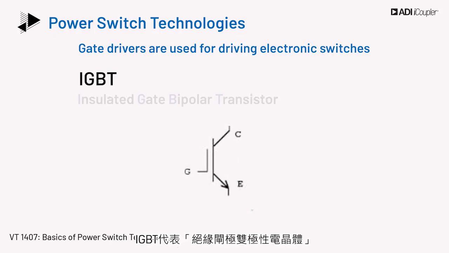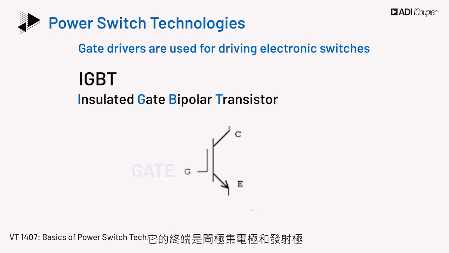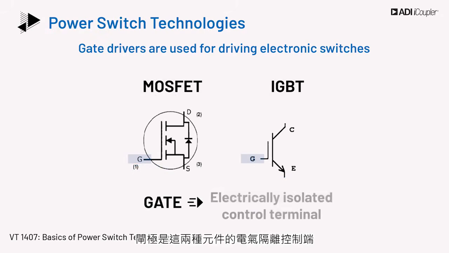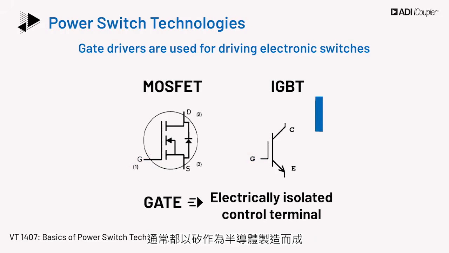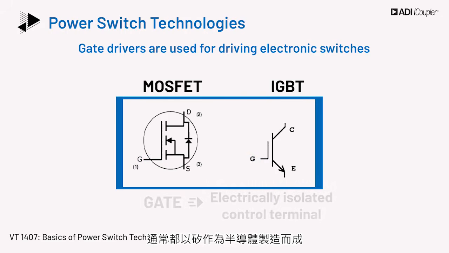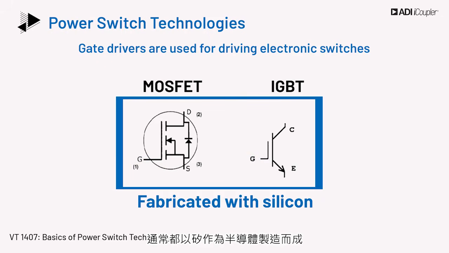IGBT stands for insulated gate bipolar transistor. Its terminals are the gate and emitter. Gate is the electrically isolated control terminal for either device. Both these devices are conventionally fabricated with silicon as the semiconductor.